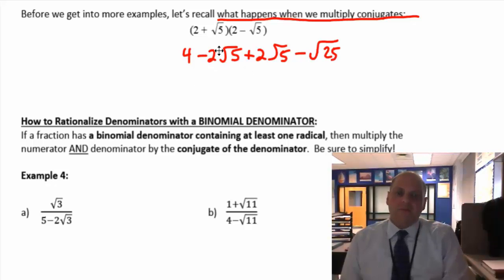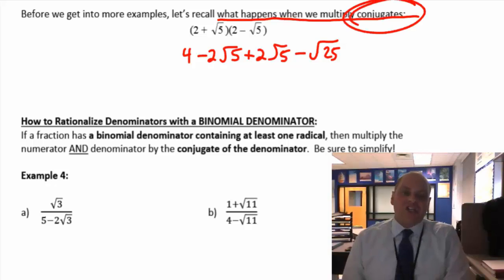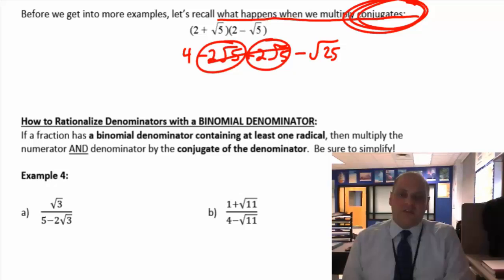So what happens when we have conjugates is this and this becomes a 0 pair. It reduces to 0. So we're left with just 4 minus, this is just 5, and that's a negative 1.